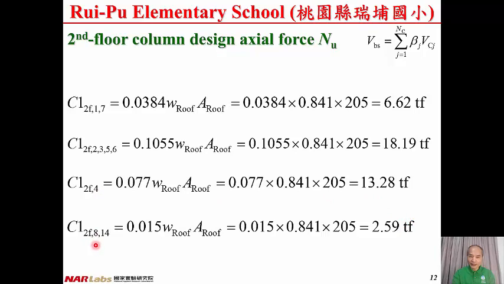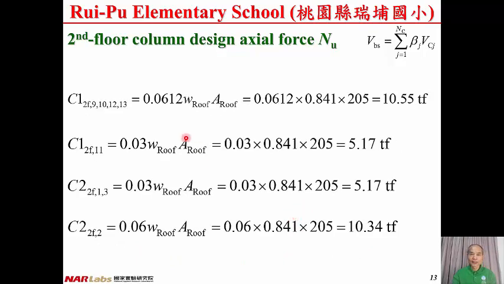For numbers 8 and 14, the design actual force is 2.59 ton-force. And for number 9, 10, 12, and 13, the design actual force is 10.55 ton-force. For number 11, the actual load is 5.17 ton-force.